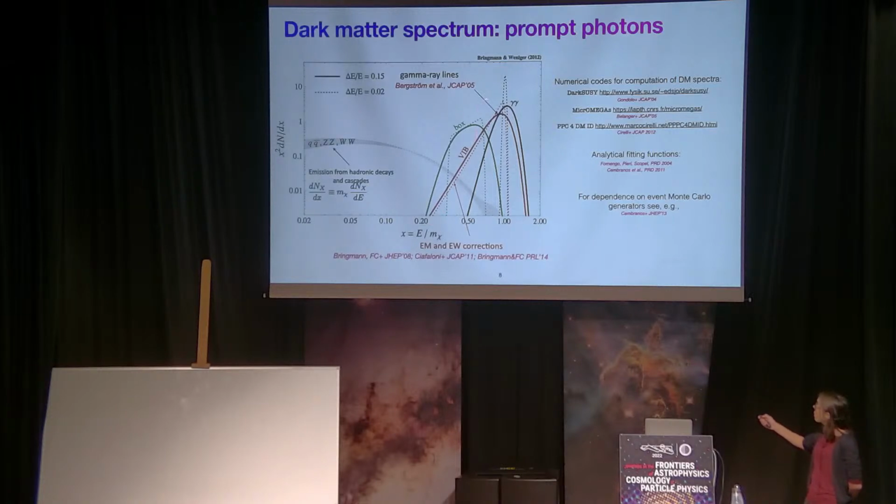When we say spectral features, it means that we expect some characteristic behavior of the spectrum that cuts off abruptly at the end of the energy range, so around the mass of the dark matter particle.